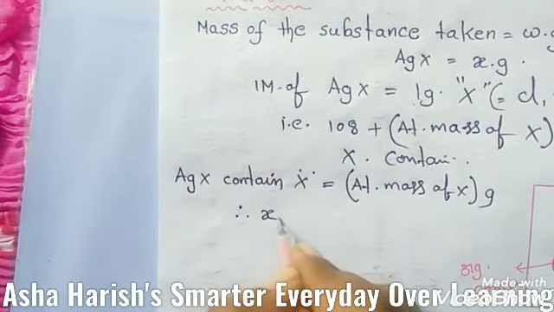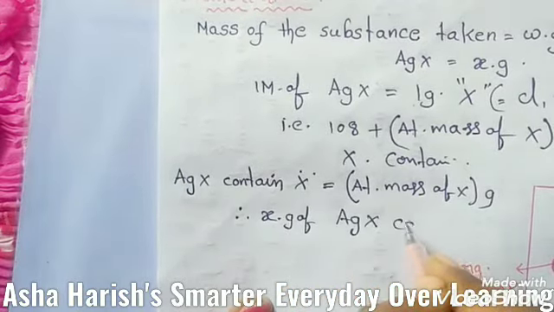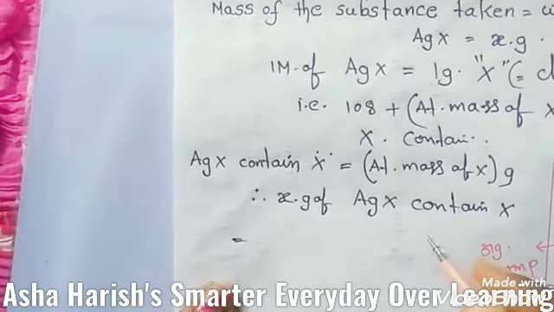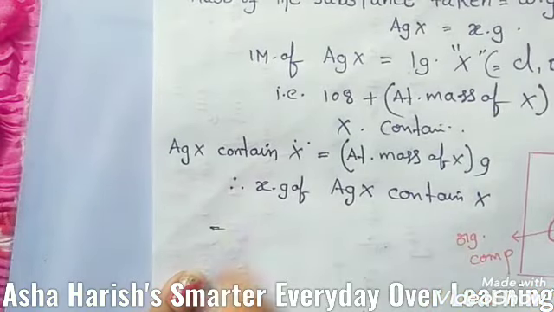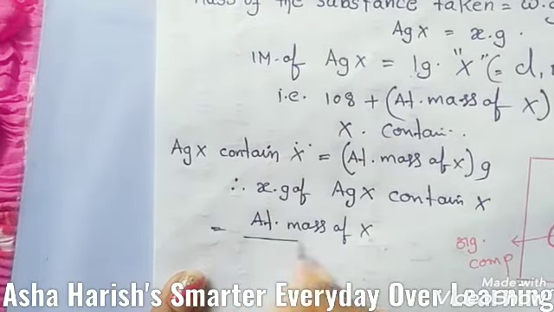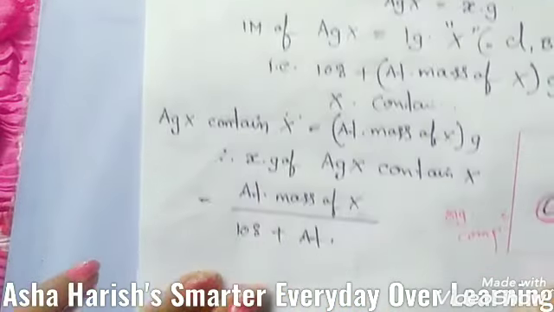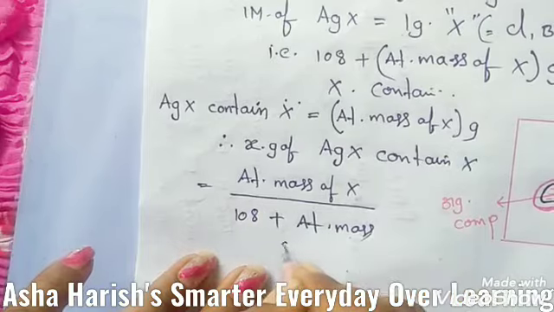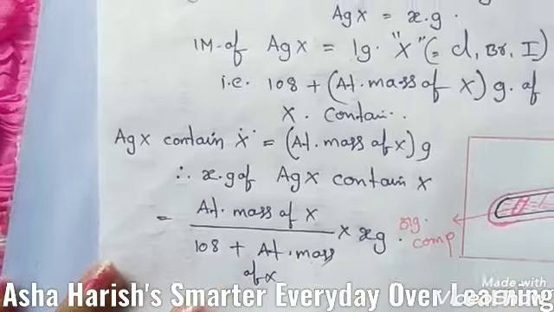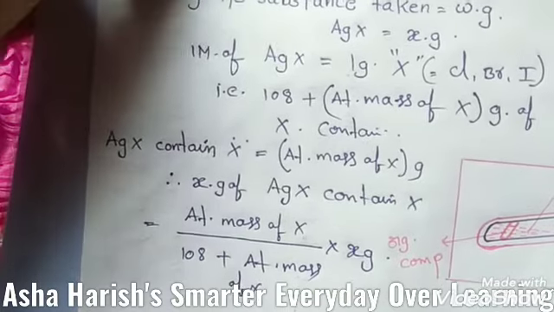Therefore x grams of silver halide contain atomic mass of X divided by (108 plus atomic mass of X), multiplied by x grams. This is the mass of the halogen X present in the W grams of the substance.